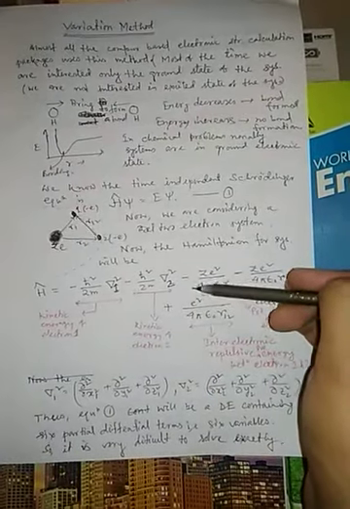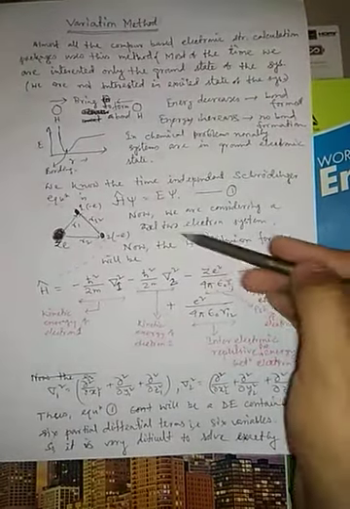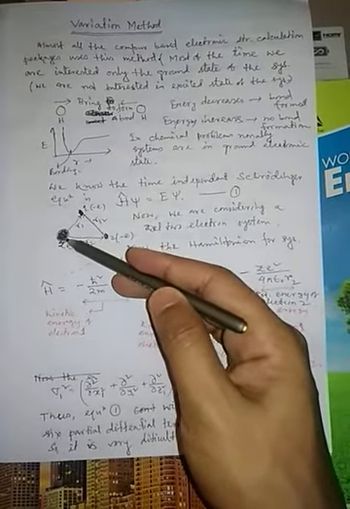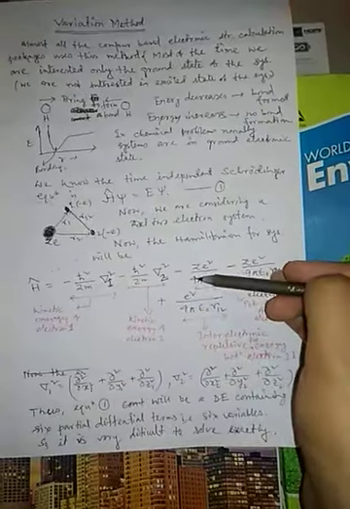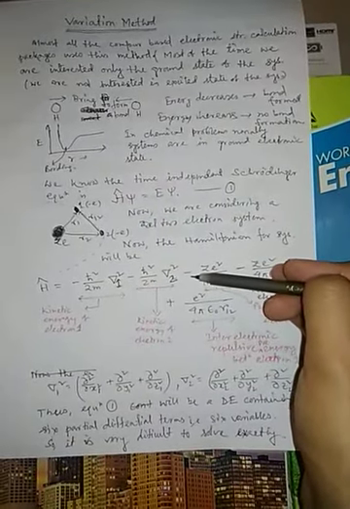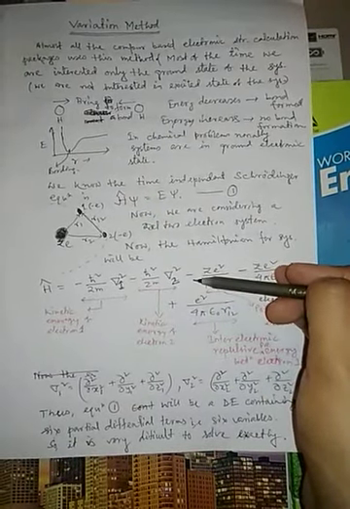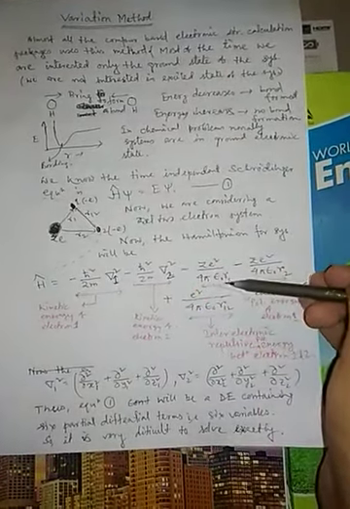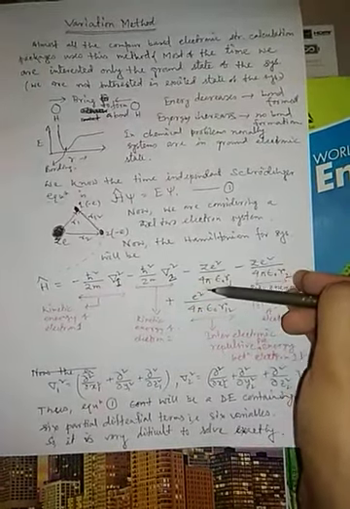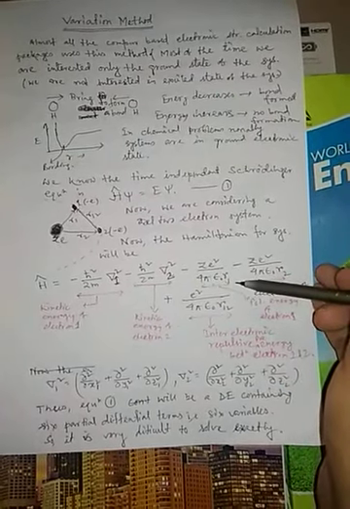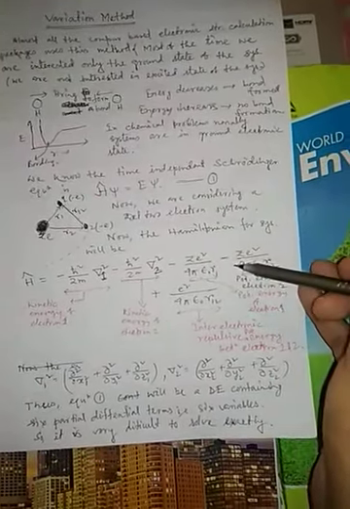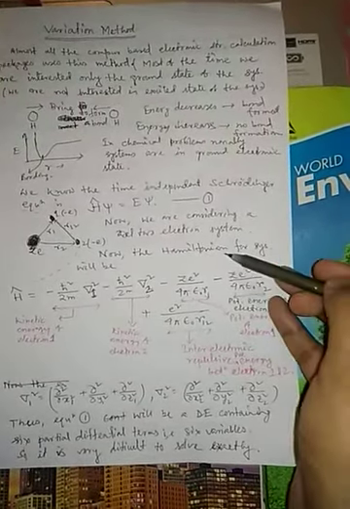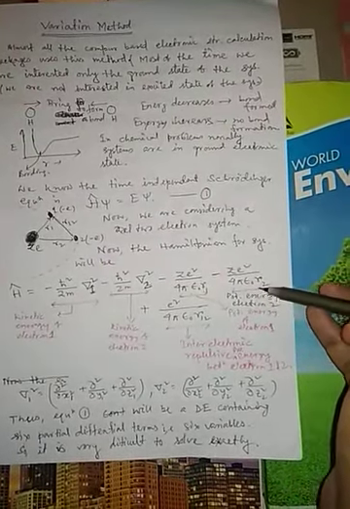Now the potential energy appears due to the attractive force acting between the nucleus and the electron. As this is a stabilizing force, it will be negative. So minus Ze square by 4 pi epsilon 0 R1 for the first electron. Similarly, for the second electron, this potential energy will be minus Ze square by 4 pi epsilon 0 R2.